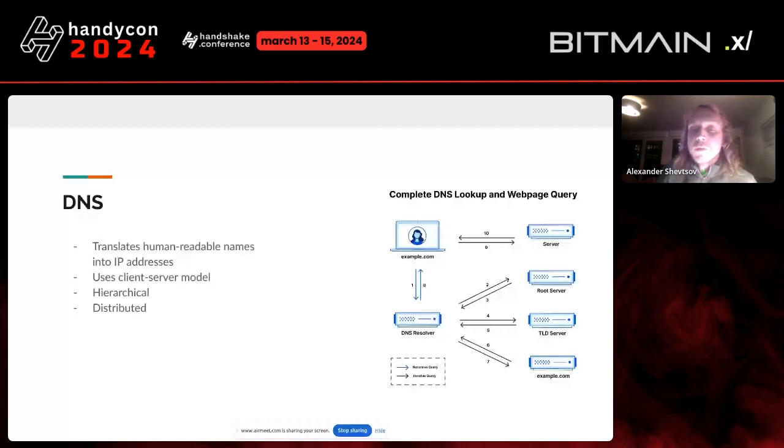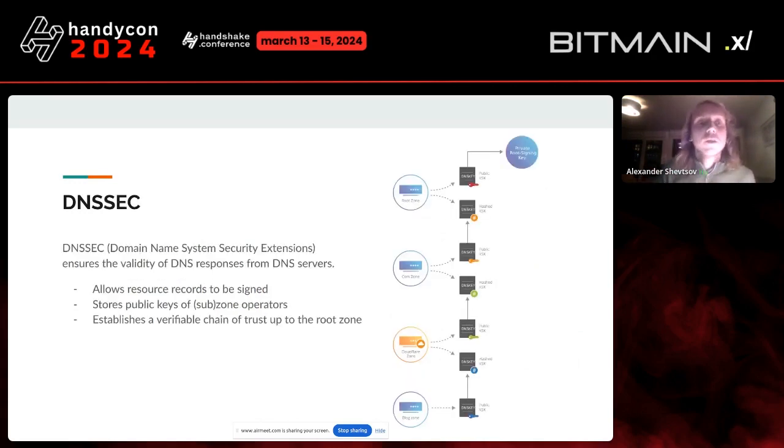So there is a chain of messages, and at some point, those messages can be corrupted or can be maliciously altered. So there is no underlying layer of security there, and that's why people have constructed an extension of it that is literally called DNSSEC, the domain name system security extensions.